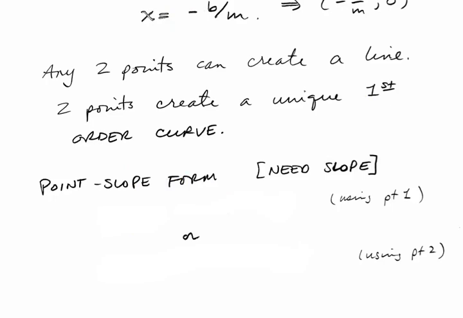The other form that we use is called point slope form. You can use point 1 or point 2. Remember, you have 2 points. So one way is y minus y1 is equal to m times x minus x1.